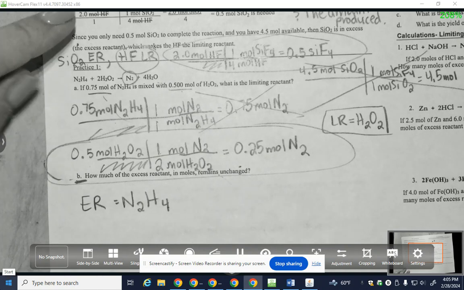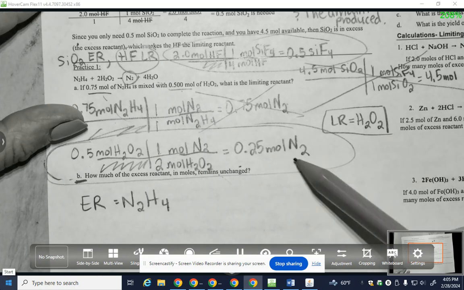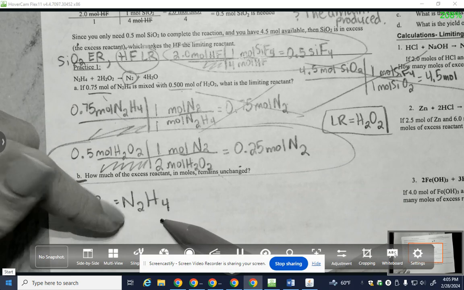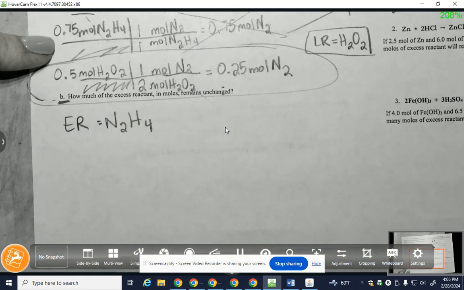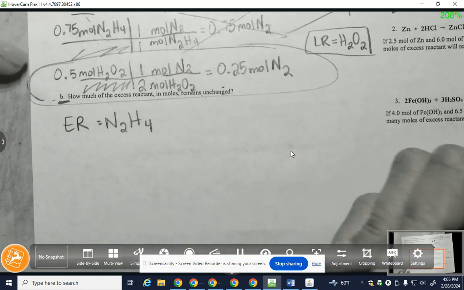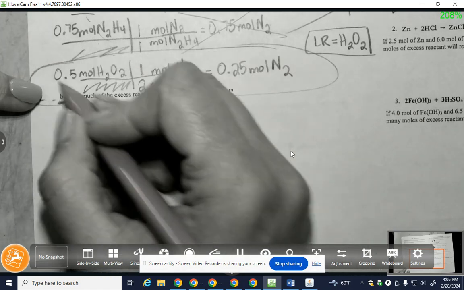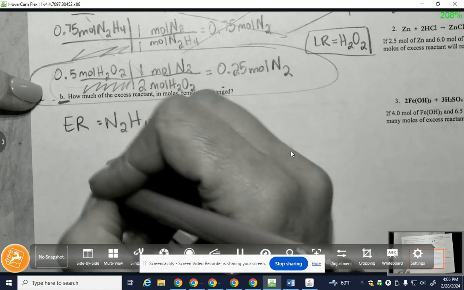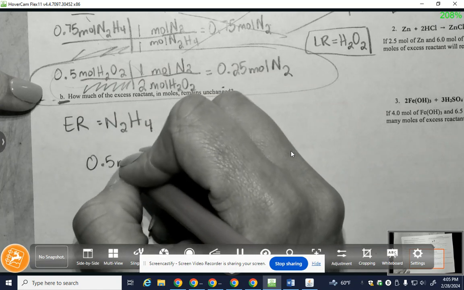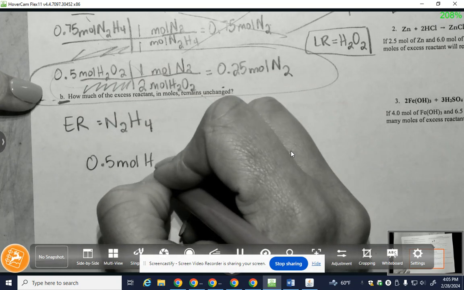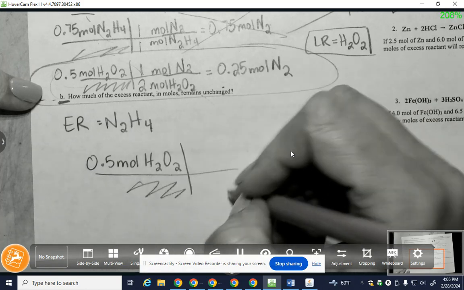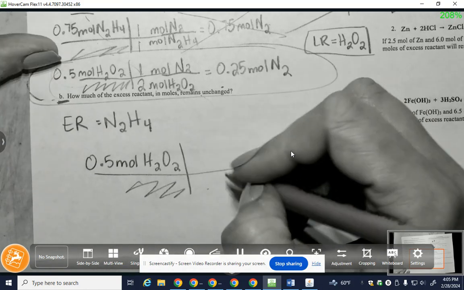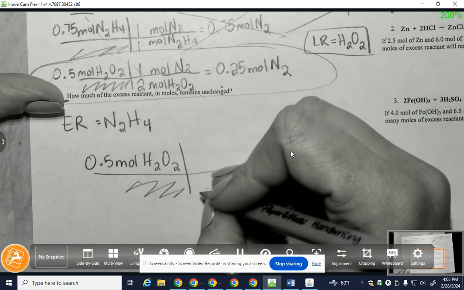You can either go to what your answer was and go backwards to N2H4, or take what we do know, which was that it was based off of this H2O2. So 0.5 moles of H2O2, and we're going to relate it to N2H4 to figure out how much was used.